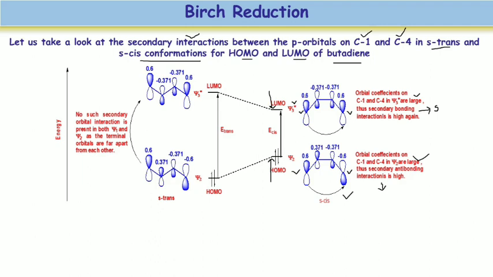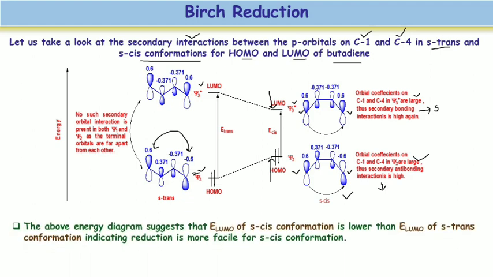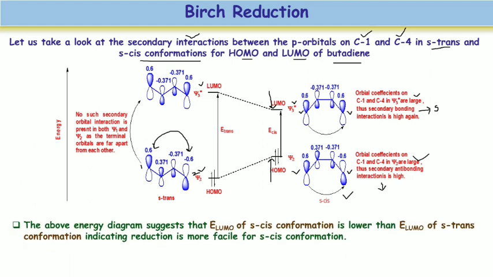Now if you consider the S-trans conformation, whether you consider Psi2 or Psi3, no such secondary orbital interaction is present, because the orbitals at carbon 1 and carbon 4 are far apart from each other, so they can't interact. So the above energy diagram suggests that the energy of the LUMO of S-cis conformation is lower than the energy of the LUMO of S-trans conformation.